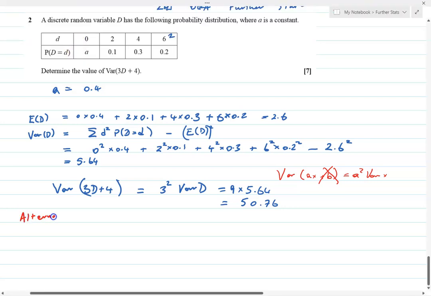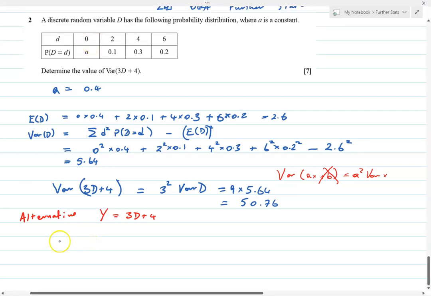So the alternative is actually to change the variable itself. Let Y be equal to 3D plus 4, and just change the actual distribution. I don't think it's certainly going to be quicker, but I'm going to do it anyway.